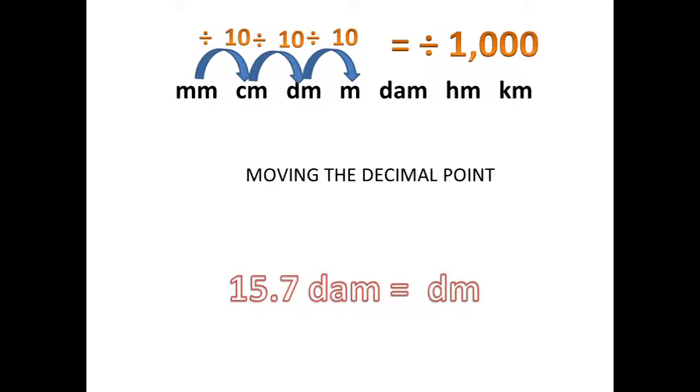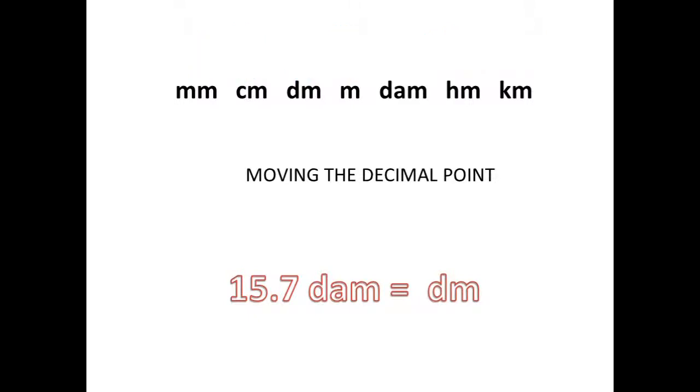Let's have a look at another example. This time we're looking at decameters to decimeters. Now this time we're going from big, decameters, to small, the decimeters, and we're going just 2 steps. So 1 step, multiplying by 10, and 2 steps, multiplying by 100. Going from decameters straight to decimeters, we're going to multiply by 100. 10 times 10 equals 100.